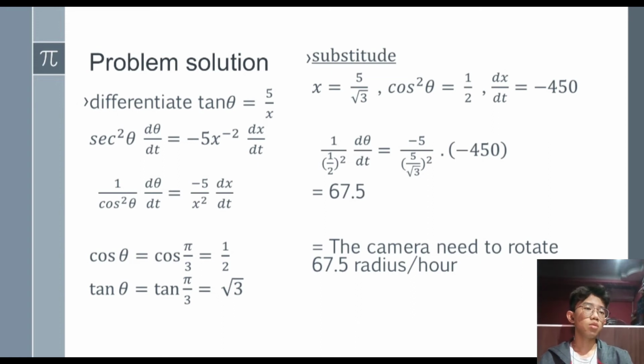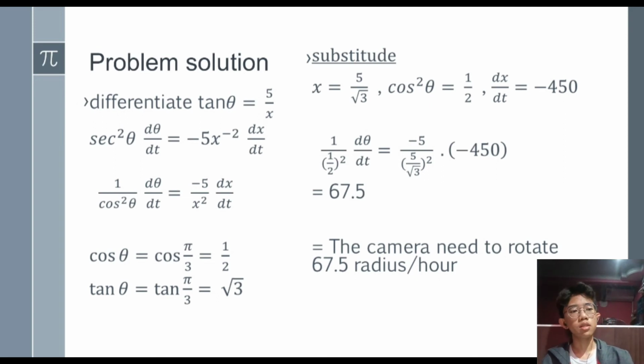So we need to substitute the values of x, cos theta, and dx over dt into the equation. So 1 over cos squared theta, we substitute 1 over (1/2) squared, d theta over dt equals negative 5 divided by (5 over square root 3) squared, multiplied by negative 450.